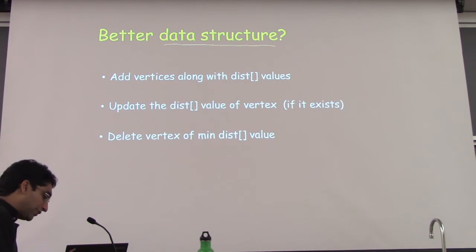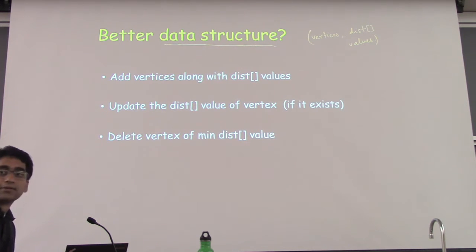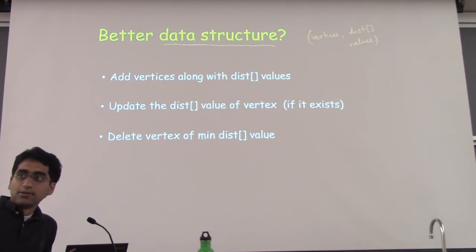In this case, what we want to store are vertices, and you have these dist values for the corresponding vertices. So these are the things that you want to store in this data structure. And what are we doing, right?